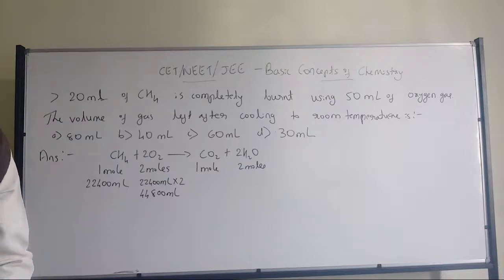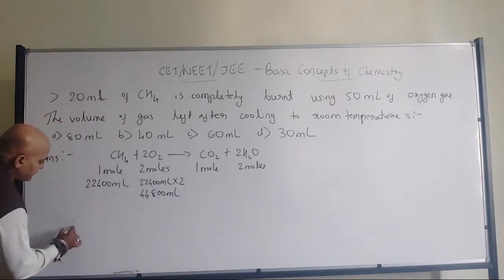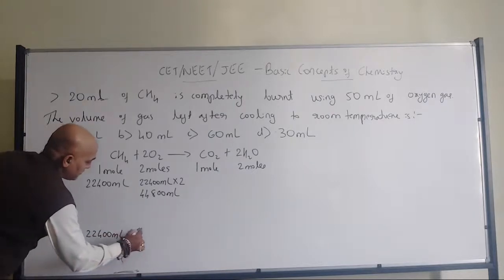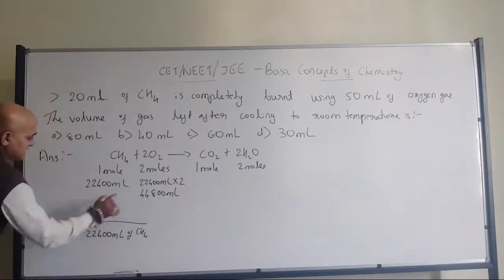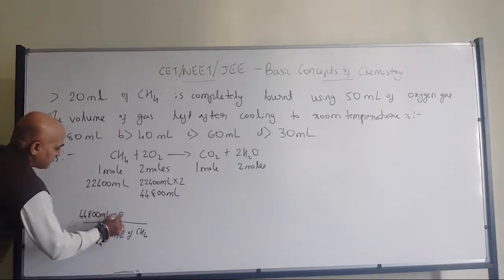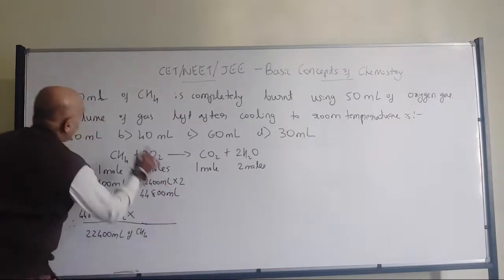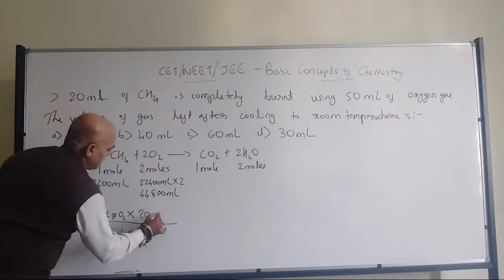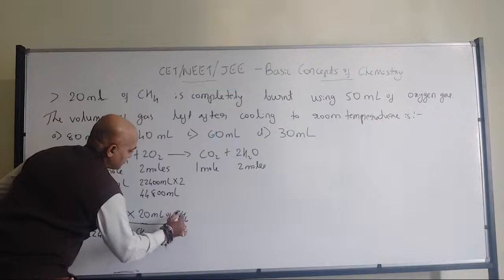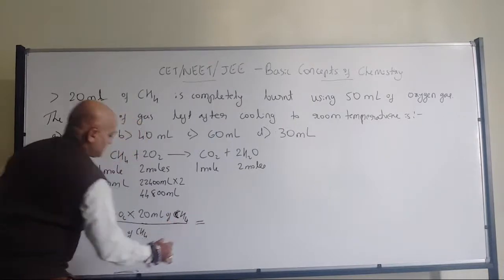Now we came to know what we have to do. So naturally, for 20 ml of methane, how much oxygen is required? That's what we have to see. So for 22,400 ml of methane, 44,800 ml of oxygen is required. How much for 20 ml of methane?